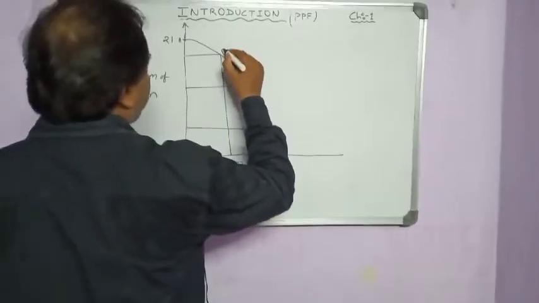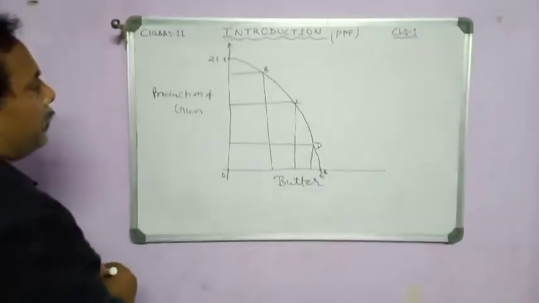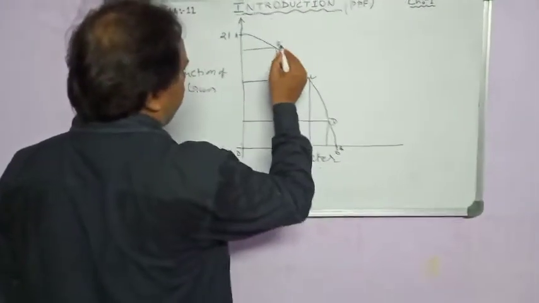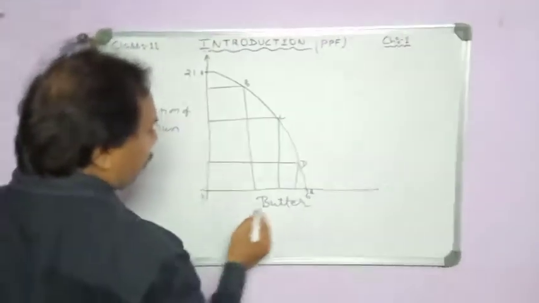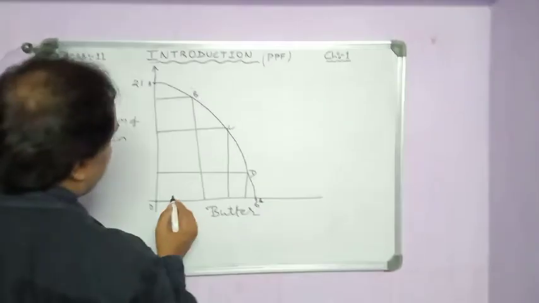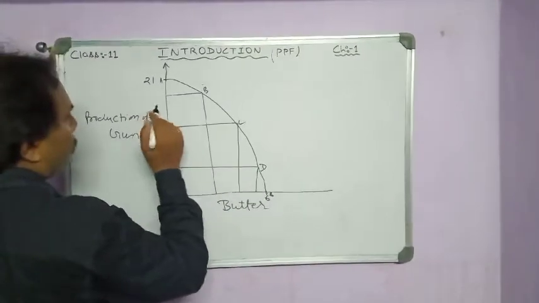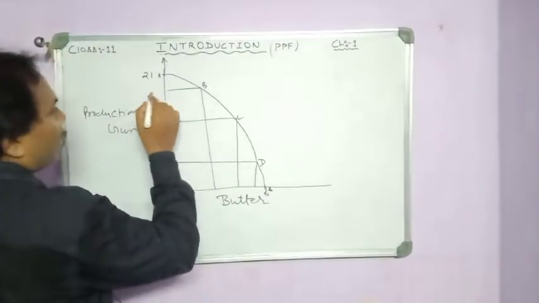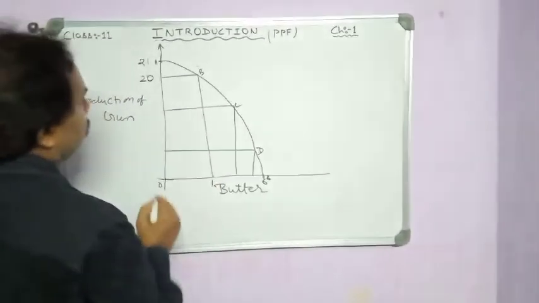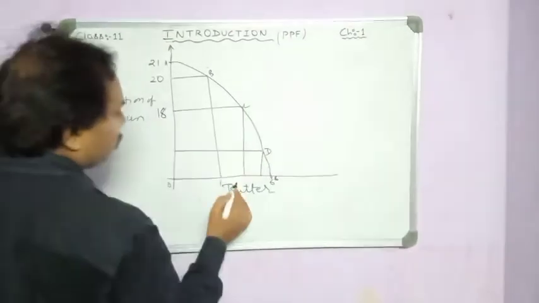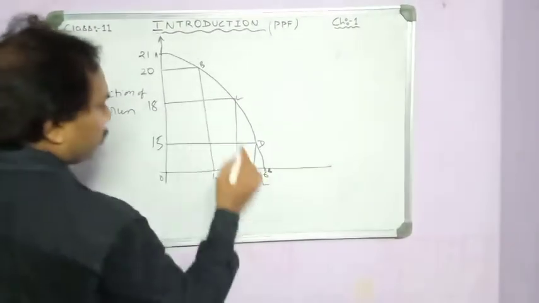Suppose A, B, C, D. So these are the combinations, and it indicates that from the given resources we can produce, suppose, 20 and 1, 18 and 2, next 15 and 3.